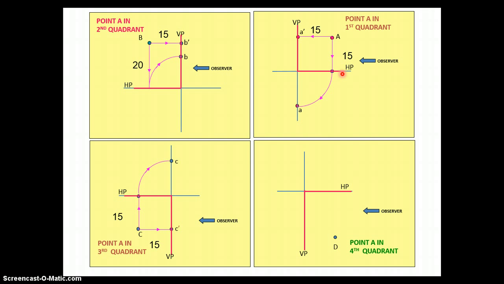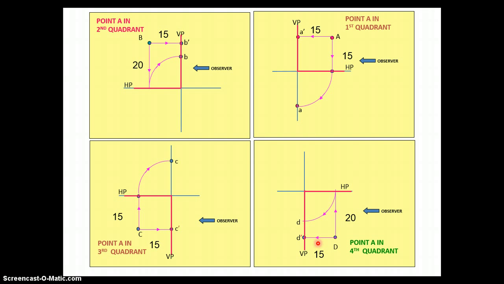that is below the horizontal reference plane and in front of the vertical plane, and the blue direction is the observation direction. Point D is 15 mm in front of VP and 20 mm below the horizontal reference plane. This is the arrow direction in the front view, that is D dash.